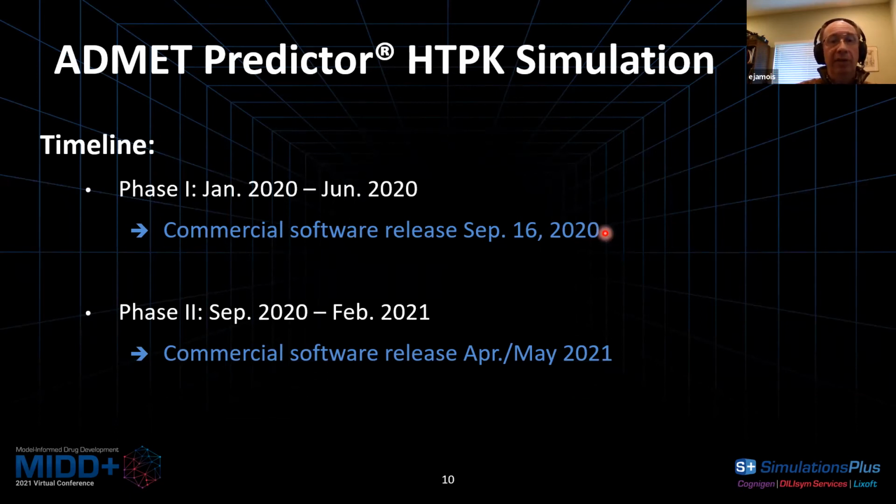The phase one developments, which occurred from January to June 2020, approximately, got delivered to the Admit Predictor community mid-September of last year, and then the second phase, which ran basically from September of last year until the end of February of this year, will most likely be released in the April-May timeframe of this year, so within the next few months or so.